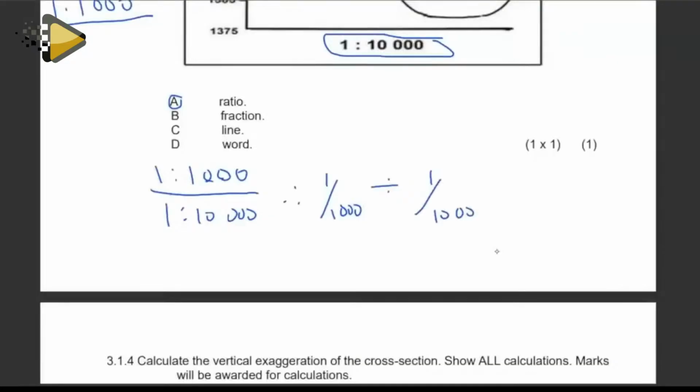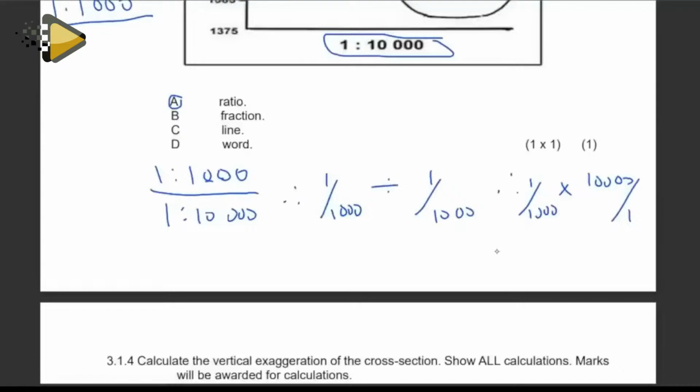So for this reason, we introduce a multiplication sign. It becomes 1/1000 times, we invert this, 10,000 over 1. We have inverted our horizontal scale. When we introduce a multiplication sign, we invert.